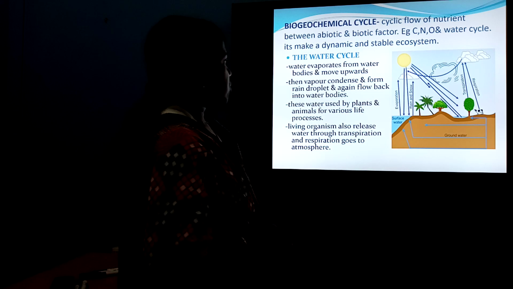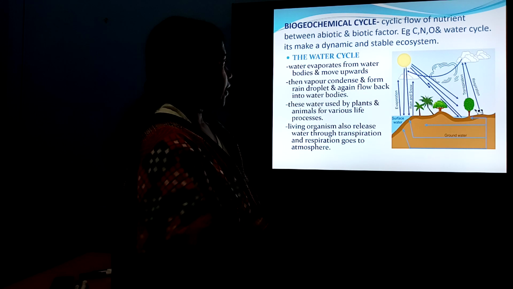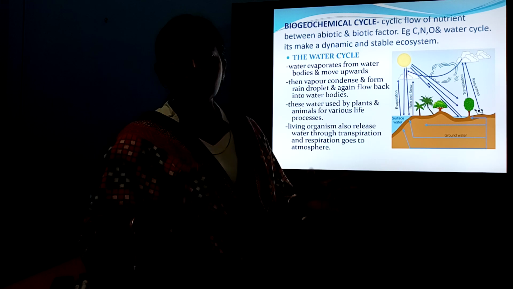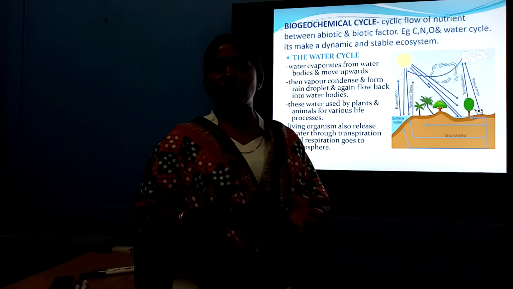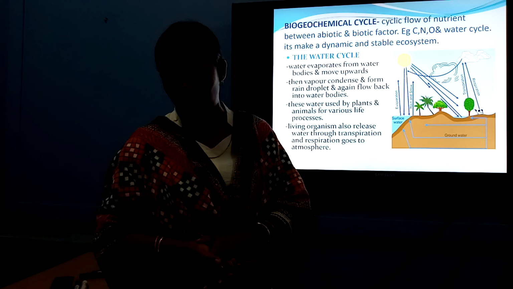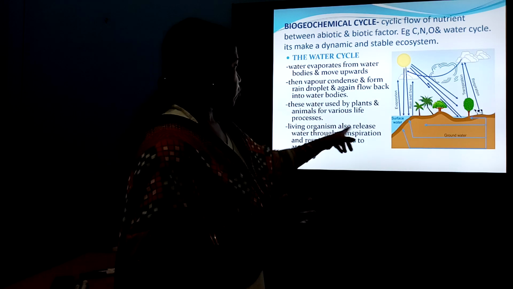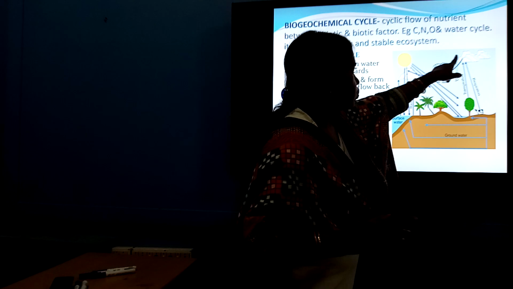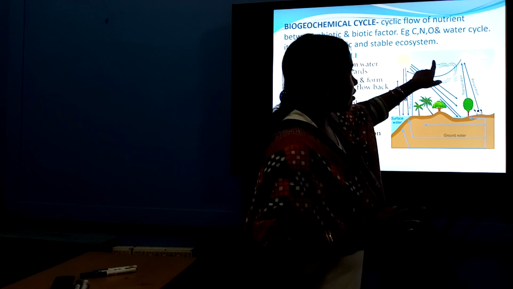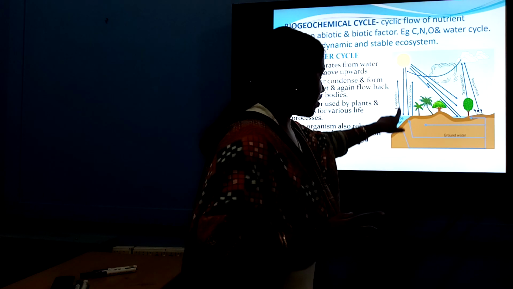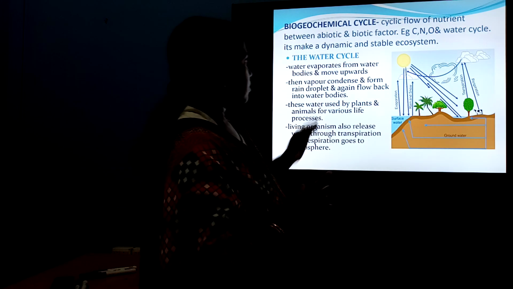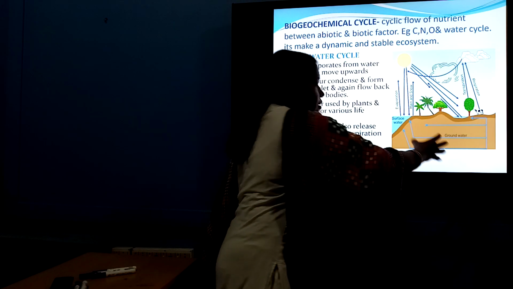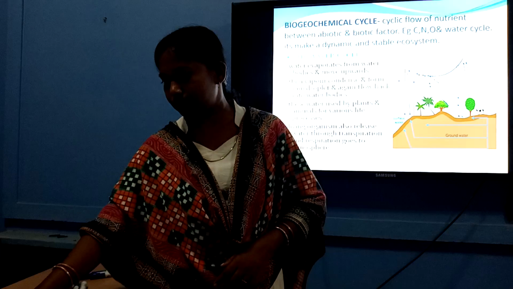Then the vapor condenses, forms rain droplets and flows back into water bodies. This water is used by plants and animals for various life processes. Living organisms also release water through transpiration and respiration, and it goes to the atmosphere. Again it forms clouds and again there will be rain. In this manner there is a cyclic flow of water between abiotic and biotic factors.